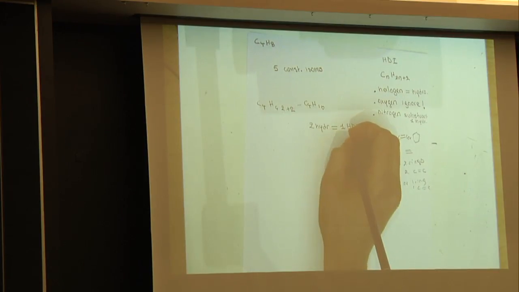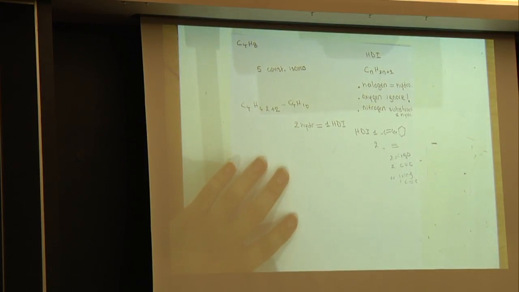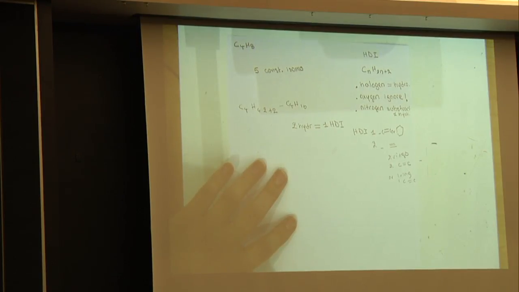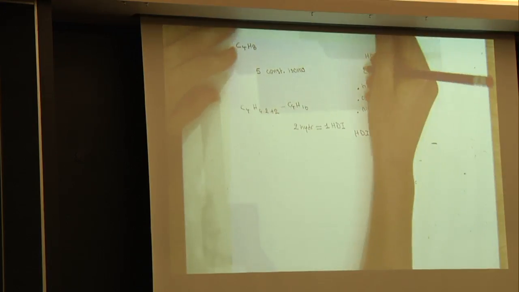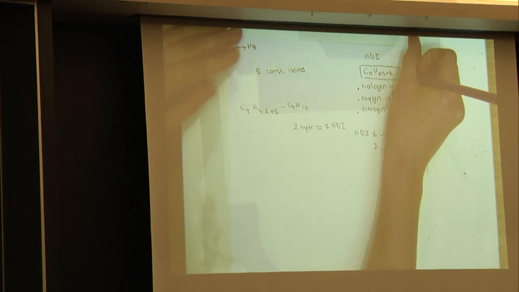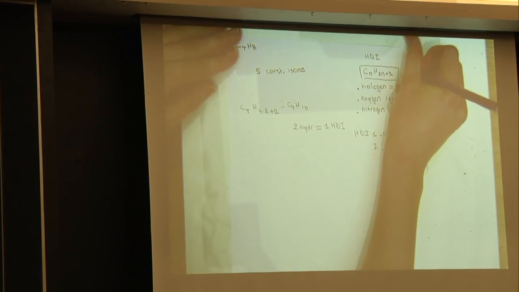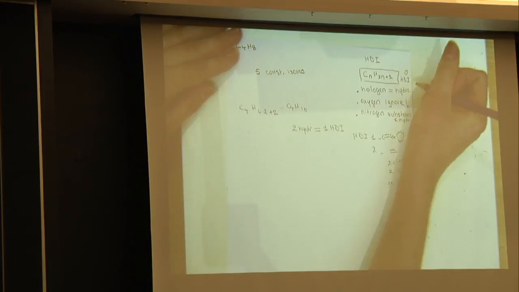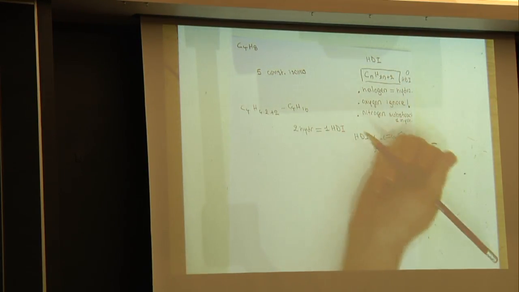Back up? Okay. All right. Yes. This is our formula when the HDI is equal to 0. For every 2 hydrogens that I'm missing, it's 1 HDI, right?